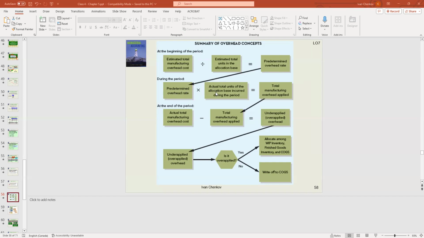Every time we use one of the units of the allocation base, times the predetermined overhead rate, we apply manufacturing overhead. At the end of the period, we compare actual overhead with the total manufacturing overhead that we applied during the period. We're going to have either under-applied or over-applied overhead.